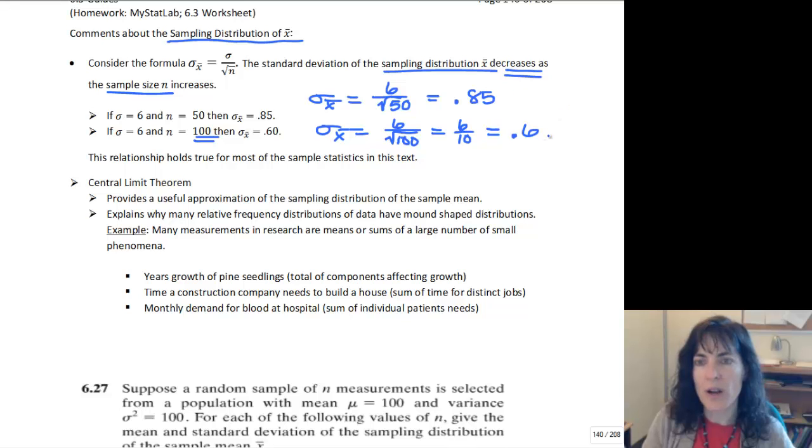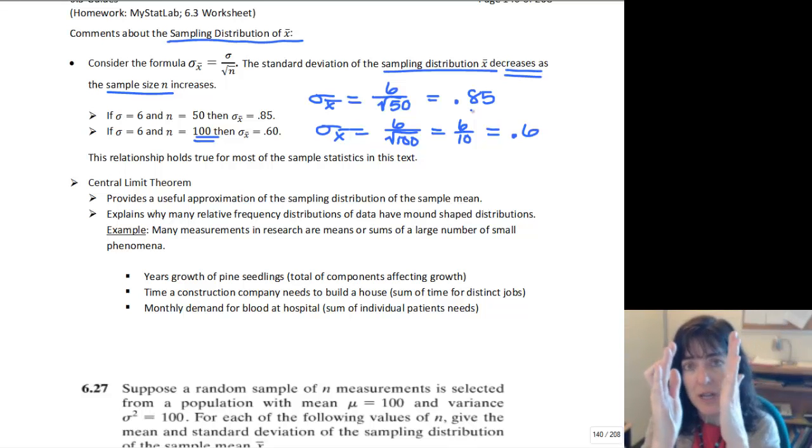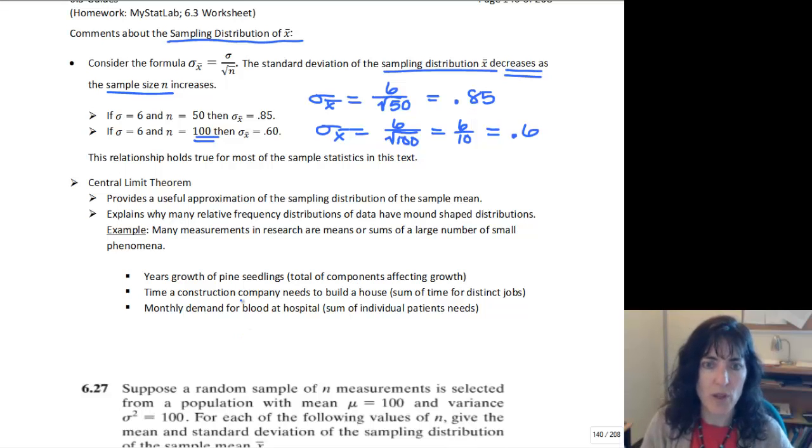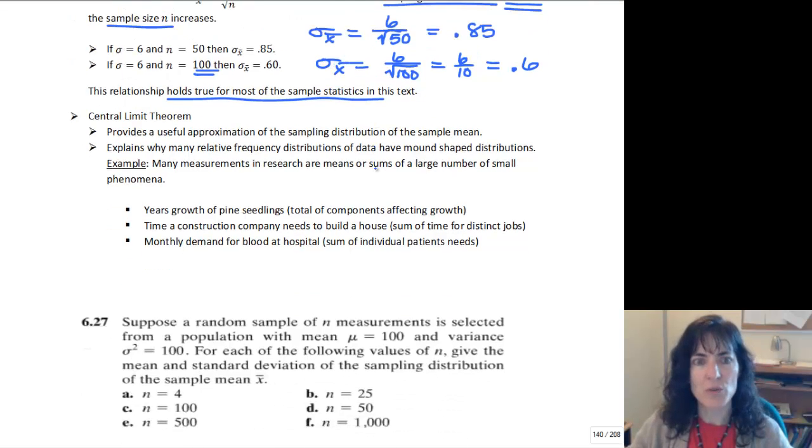So our sigma for our x bar is getting smaller, and that's good. Remember, smaller means it's tighter packed around the actual mean, and so that means you have a lot less variability in your values that you're coming up with. So this relationship holds true for most of the statistics that we're going to look at.